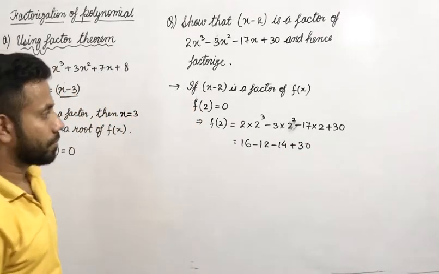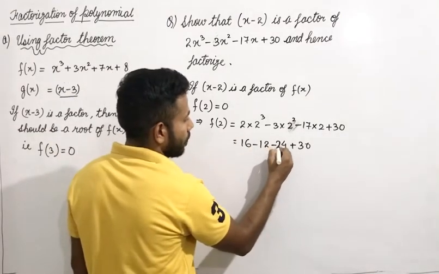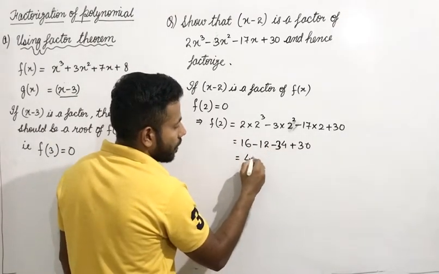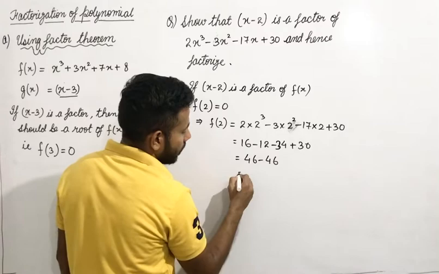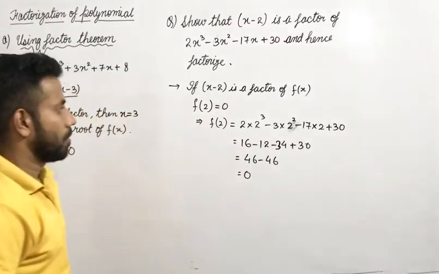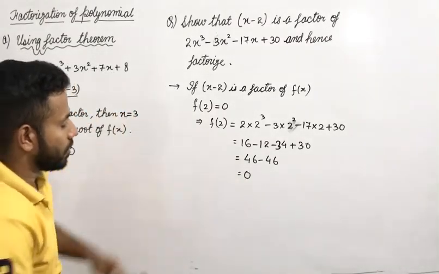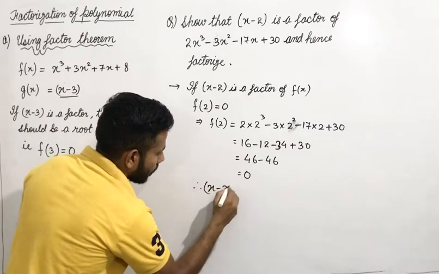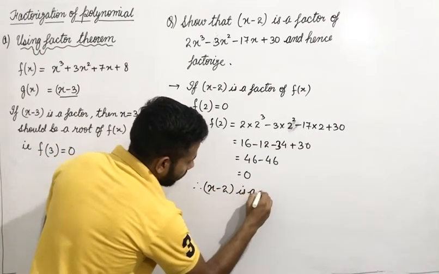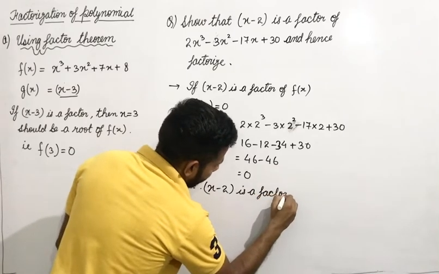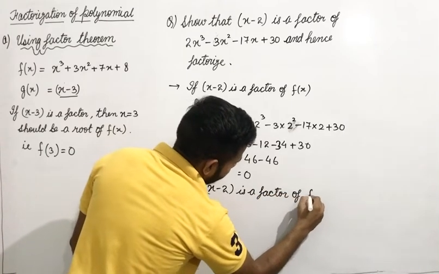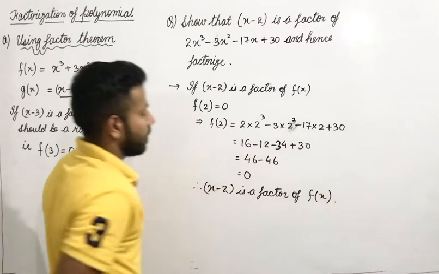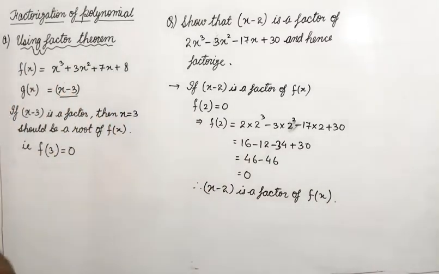Altogether this is 46 minus 46, which is equal to 0. So f(2) is coming 0. Therefore, x minus 2 is a factor of f(x). This is clear.